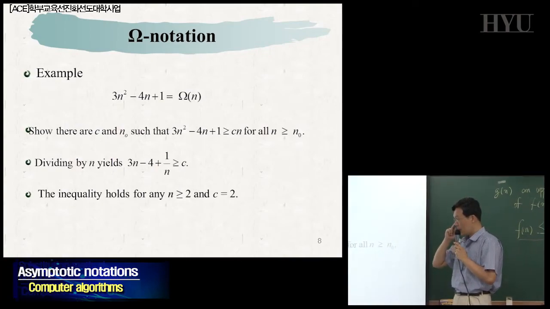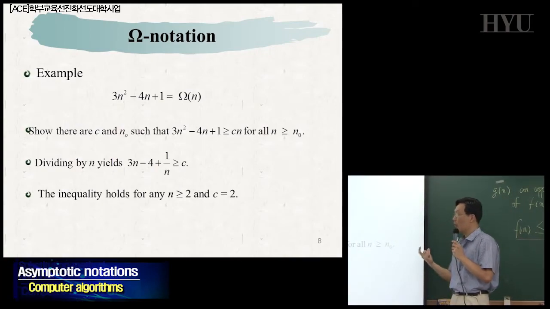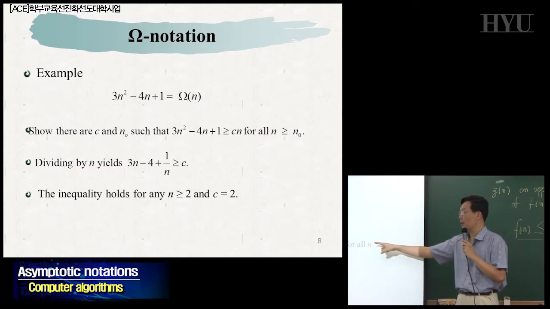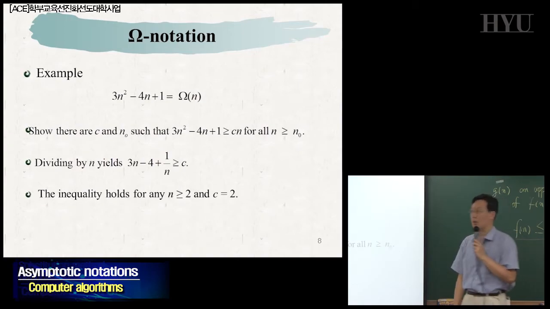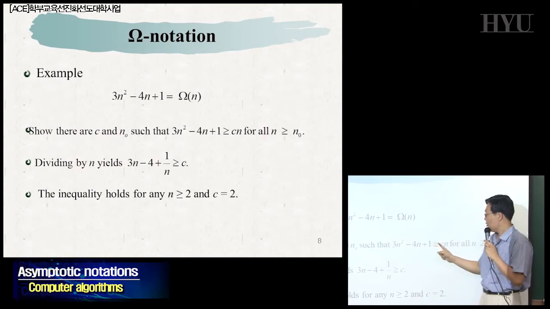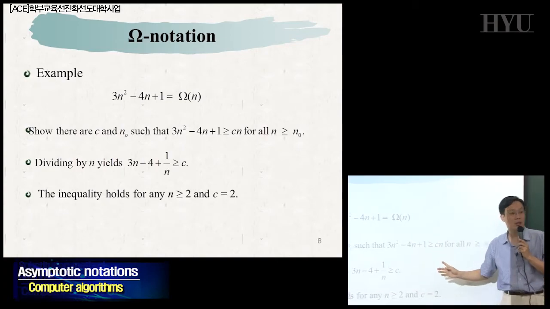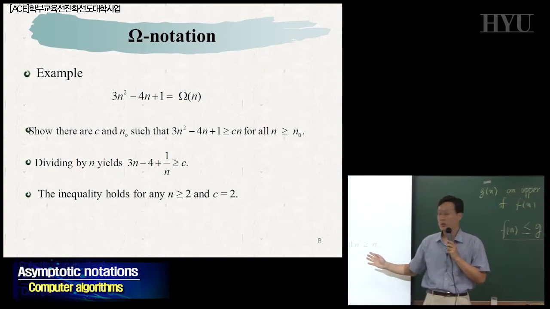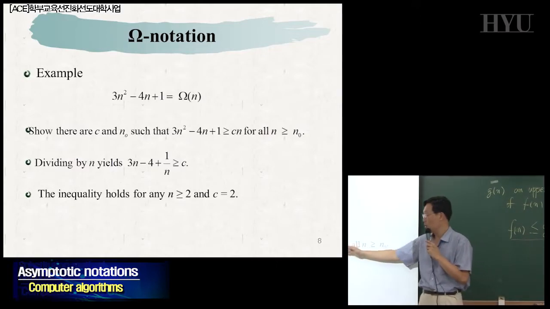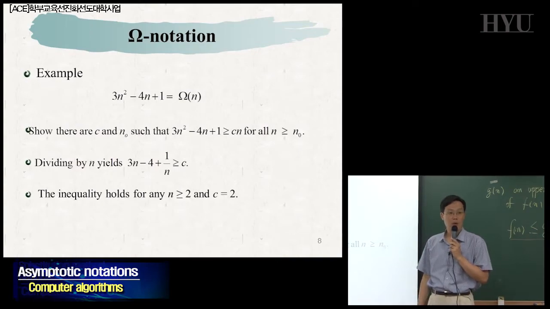The meaning of this line is we are going to find c and n0 satisfying this inequality because it is omega. Look at the direction of the comparison operator. This one should be greater than or equal to this one, with a good choice of c and n0.